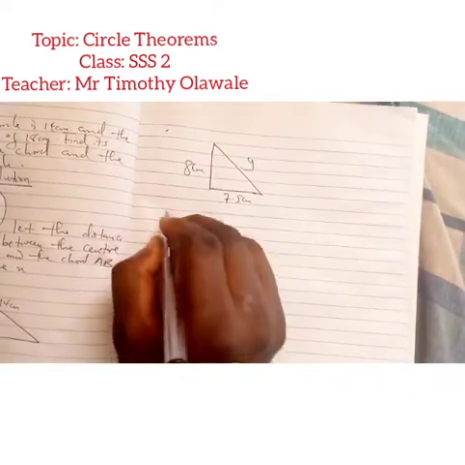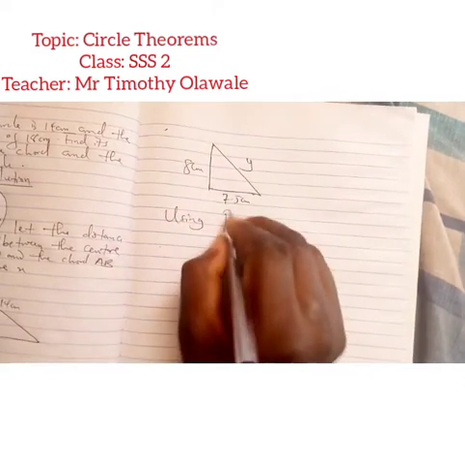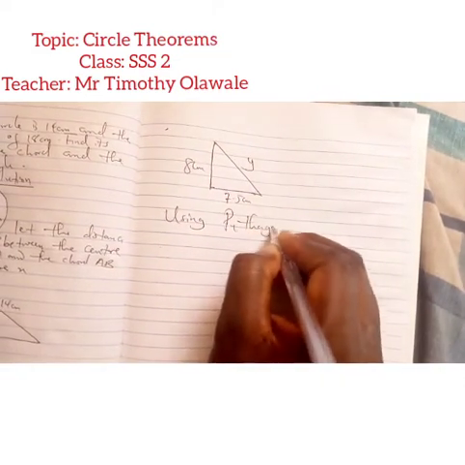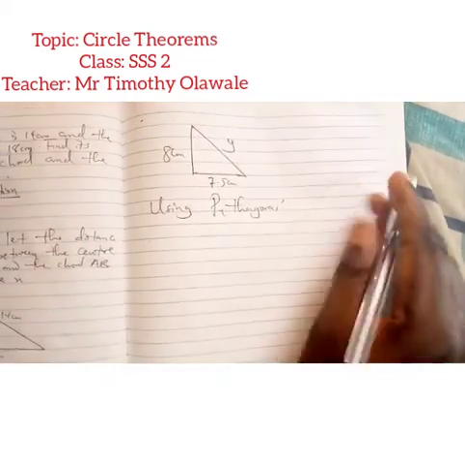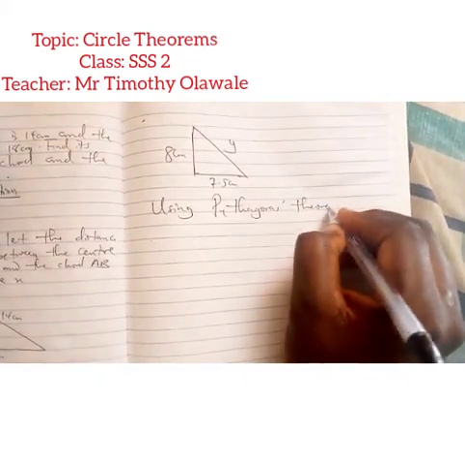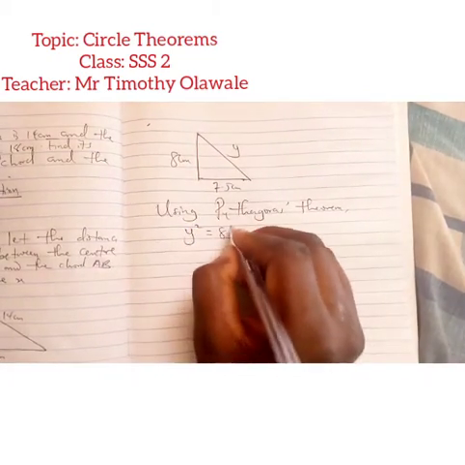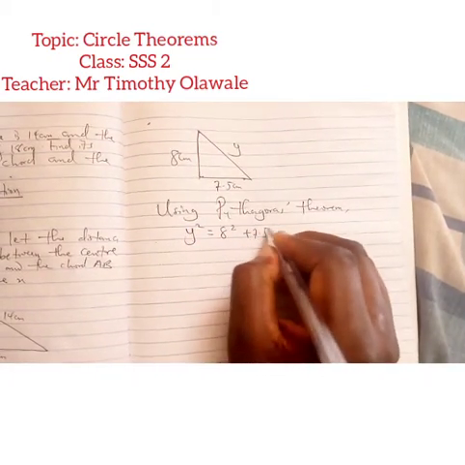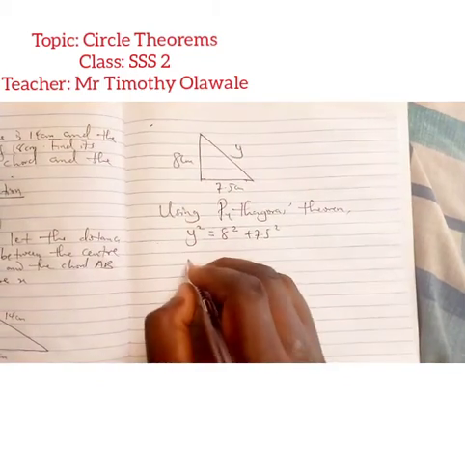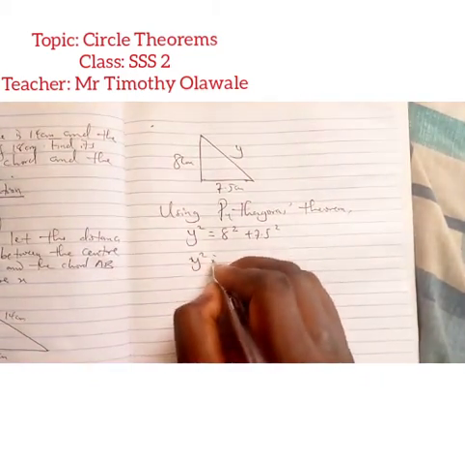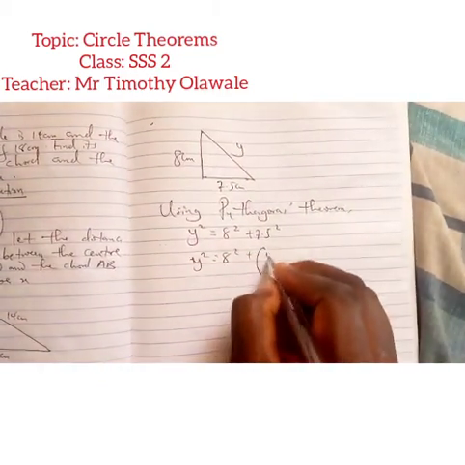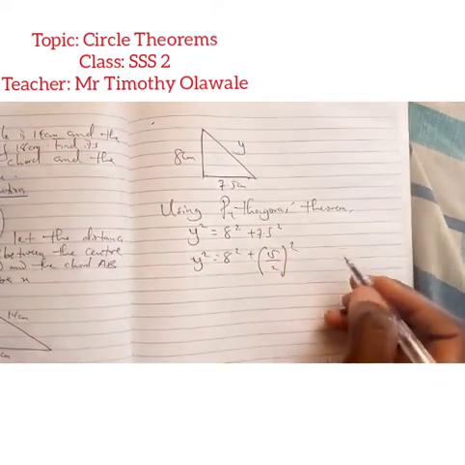So using Pythagoras theorem, we have y squared equals 8 squared plus 7.5 squared. So we have y squared equals 8 squared plus 15 over 2 squared.